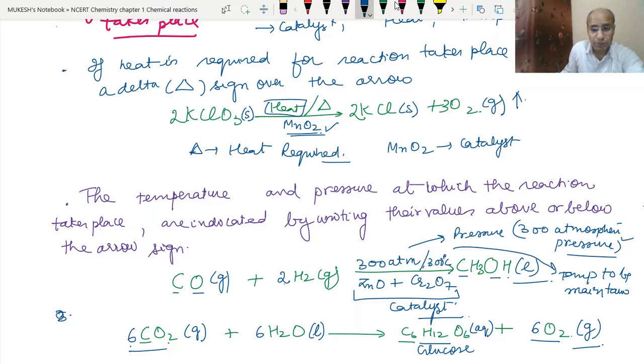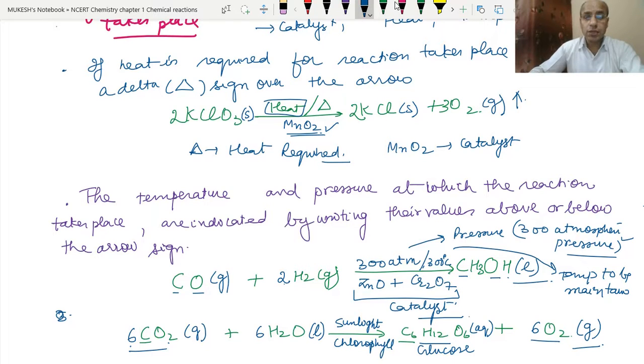Now some more information. As we all know, for photosynthesis sunlight is needed, so we will write sunlight. As we know that chlorophyll is also needed, so we will write chlorophyll here in the equation. So today, students, we have learned about the different ways in which we can provide so much information to a chemical equation.